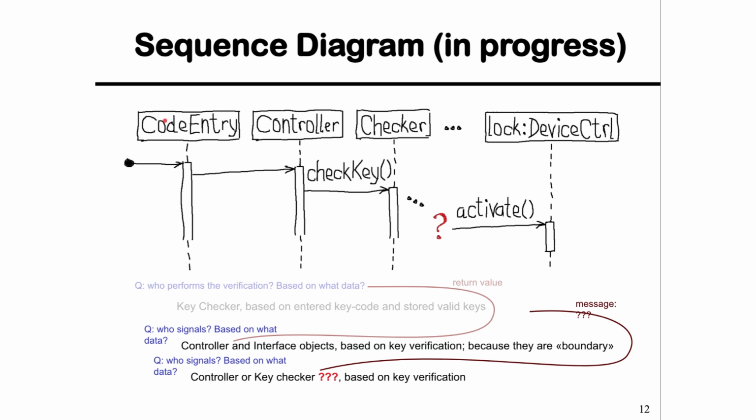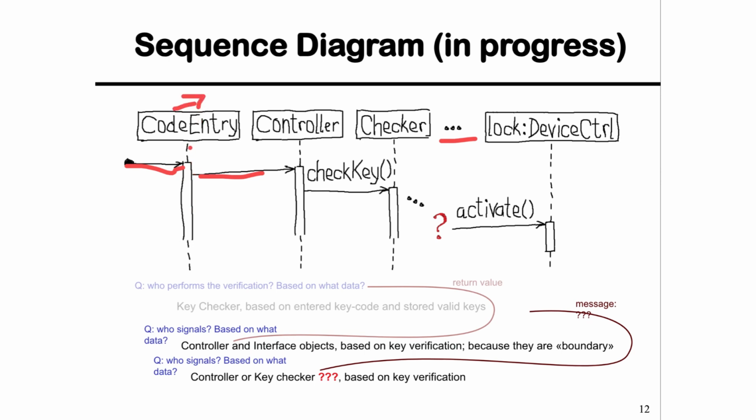Here, for instance, we have an example for the unlock use case, which is use case one. We have the code entry object, controller object, checker object. Some more objects are there; we'll talk about these objects later. We also have another object called lock device control, and the interaction between them is also shown here. In this sequence diagram, these are modules.